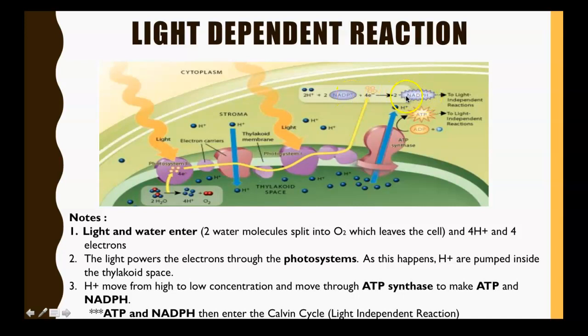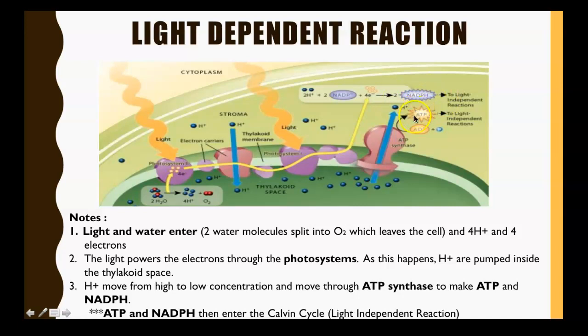That's how we get NADPH: the electrons traveling down the thylakoid membrane reduce NADP plus into NADPH. Now we have NADPH with a hydrogen attached to it, and that hydrogen carries a lot of energy needed for the Calvin cycle. So that's how we get NADPH.